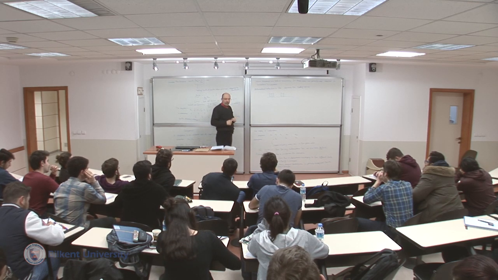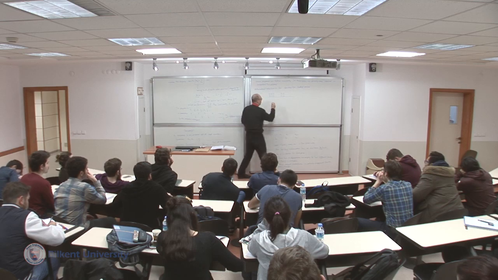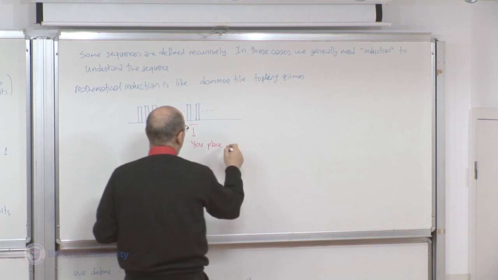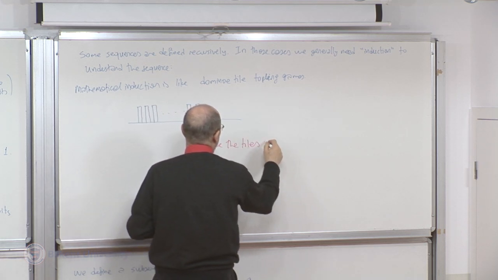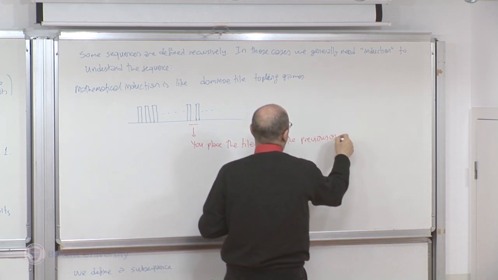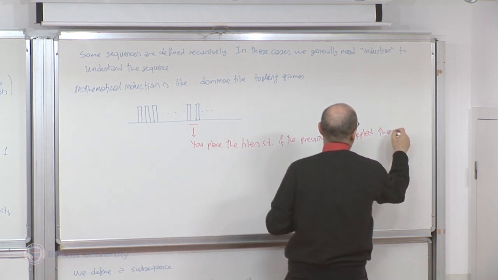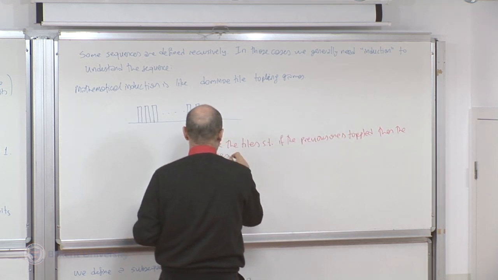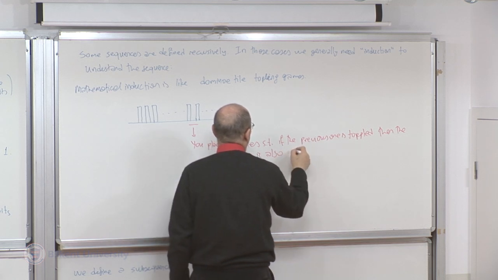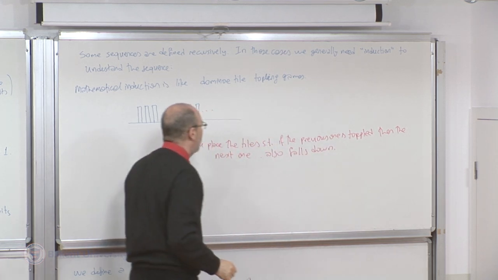Why does it work? It works for 2 reasons from a mathematical point of view. First, you place the tiles such that if the previous one is toppled, then the next one also falls down.